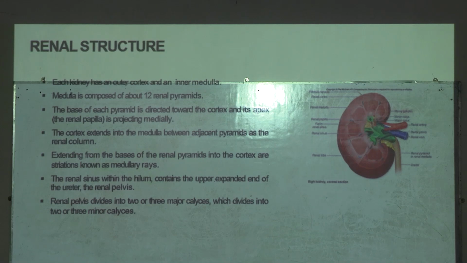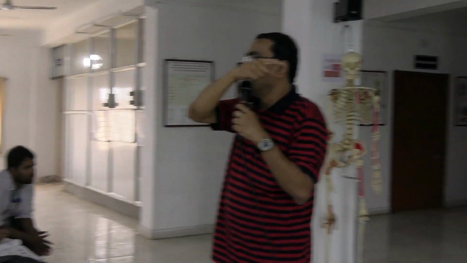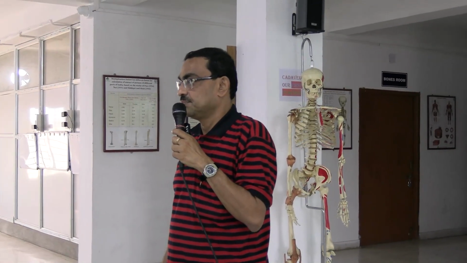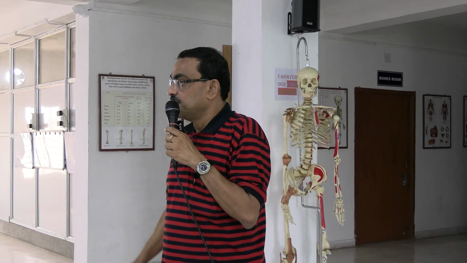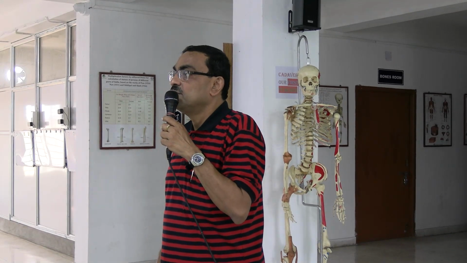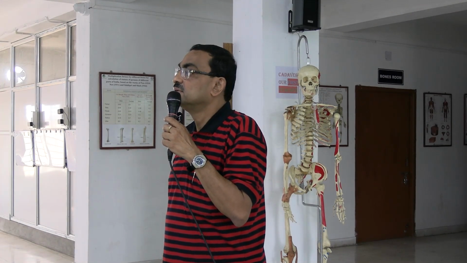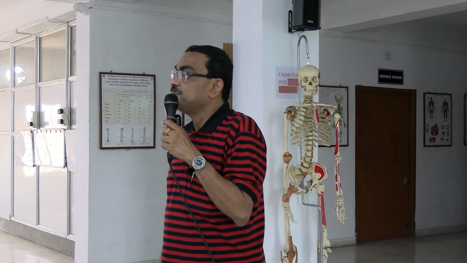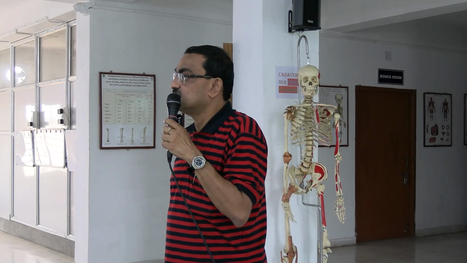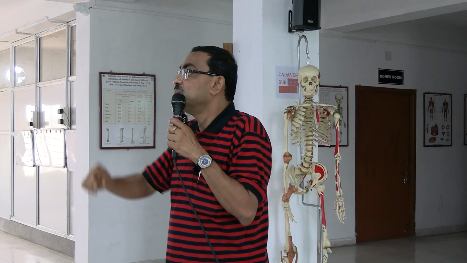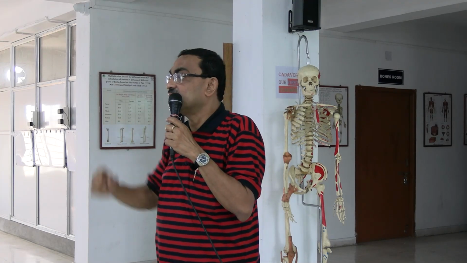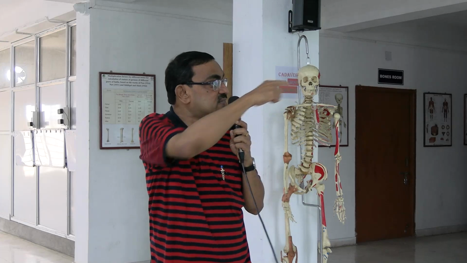Again I am repeating, if we concentrate on the macroscopic structure of the kidney, we will find outer cortex, inner medulla. Within the medulla we will get some pyramidal or conical structures, whose base is directed laterally, and the apex is directed medially towards the hilum.